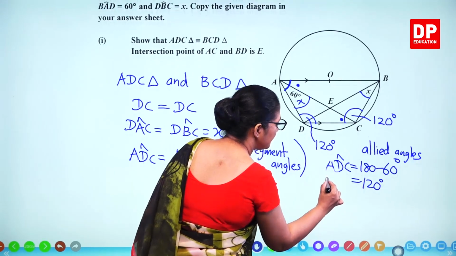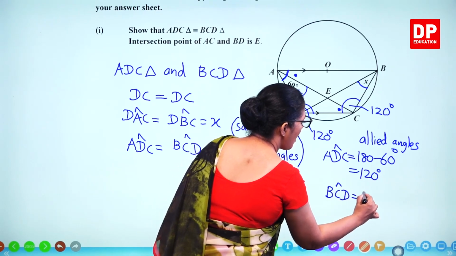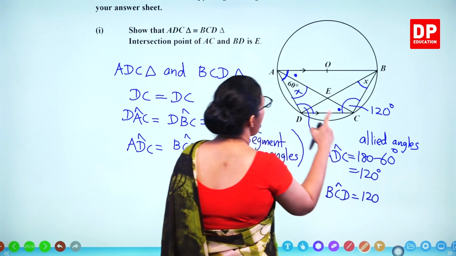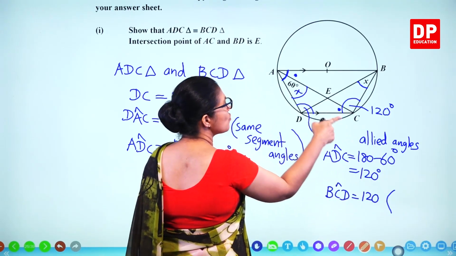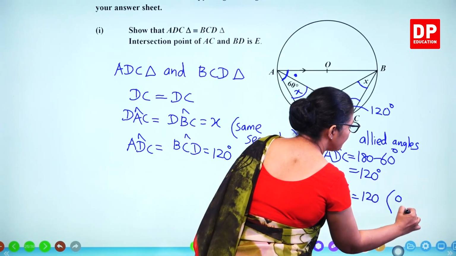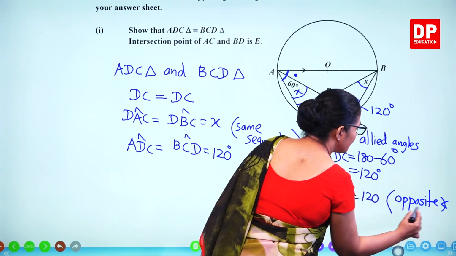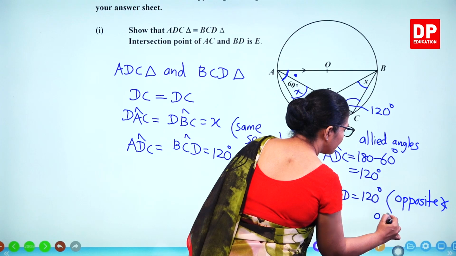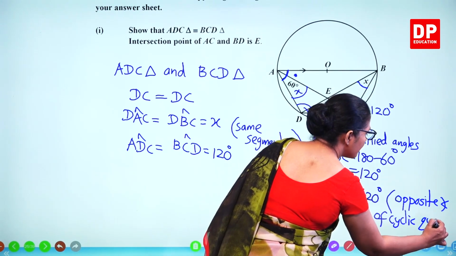BCD angle is 120 because opposite angles of a cyclic quadrilateral add up to 180.